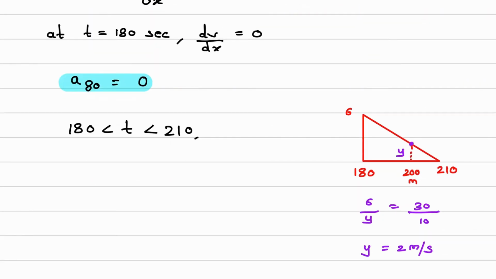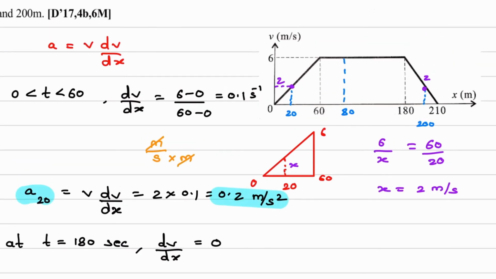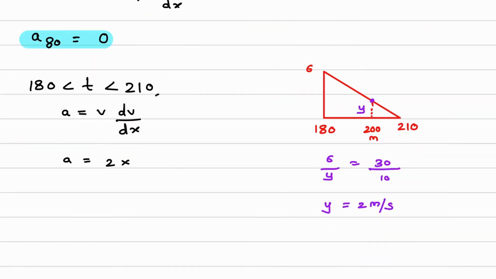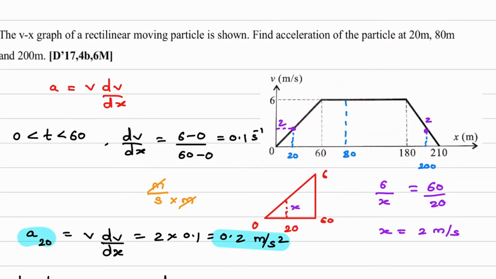Now what is acceleration? Acceleration is equal to v dv by dx. So acceleration is equal to v, which is 2, into dv by dx. In this case, we'll see the slope. This is the second point and this is the initial point. So what will be the slope? It will be negative. So we'll calculate dv by dx. What will be the dv part?